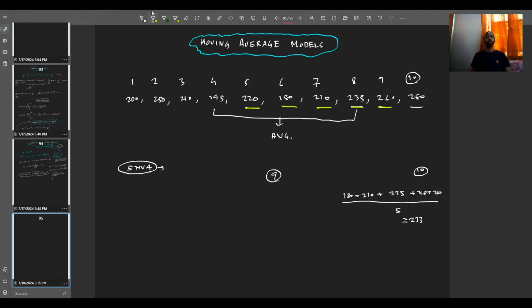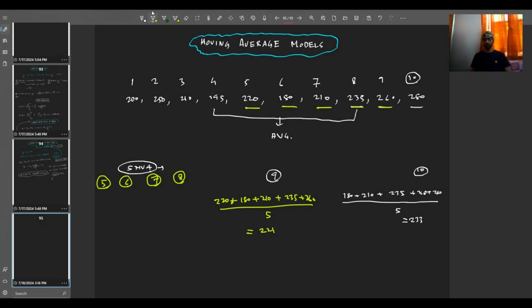So these numbers will be 220, 180, 210, 235, 260 divided by 5. The value will come to be, let's calculate, friends, 221. In a similar way, we can get the values for year 8, year 7, year 6, year 5, right?